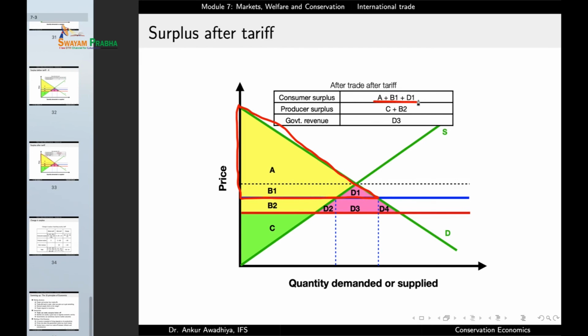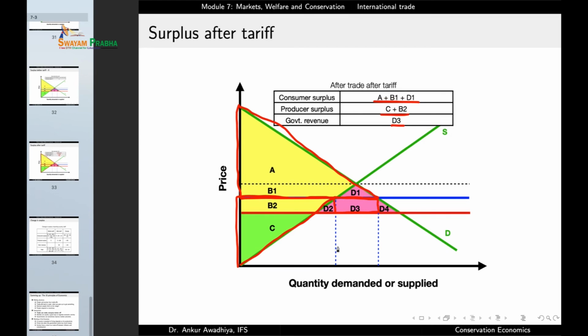The new producer surplus is given by the domestic supply curve and the price curve. So this is the new producer surplus, which is C plus B2, which is what we are writing here. And the amount of revenue that accrues to the government is given by this rectangle, which is D3.